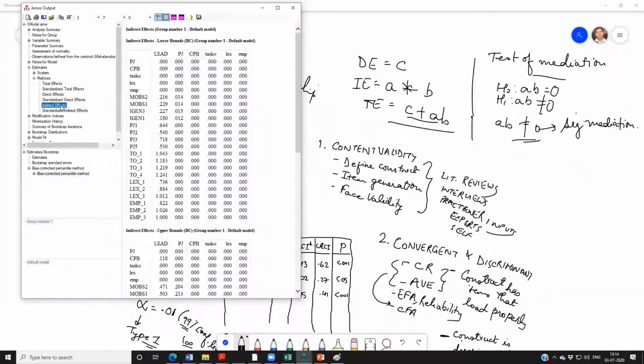This is the unstandardized indirect result, and the next one is the standardized indirect. You can report any of these, but whatever you report, be consistent in the paper. Usually people report standardized results more often. That is just a practice. Standardized results are good enough, even if you just report that.